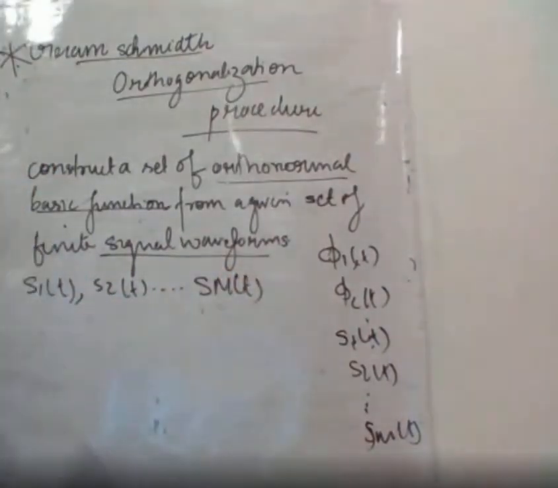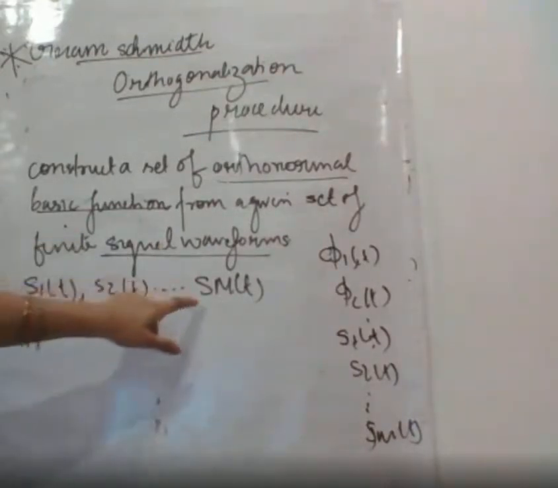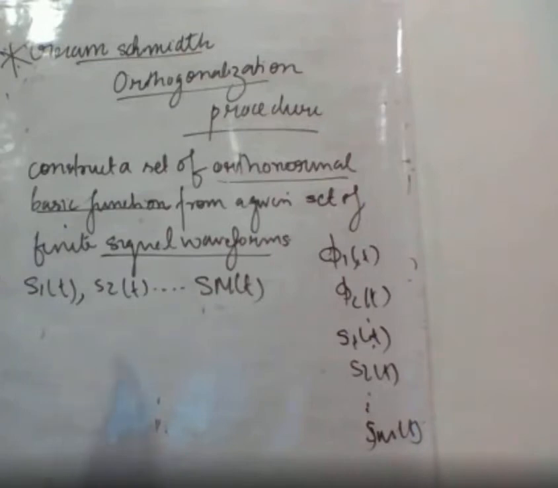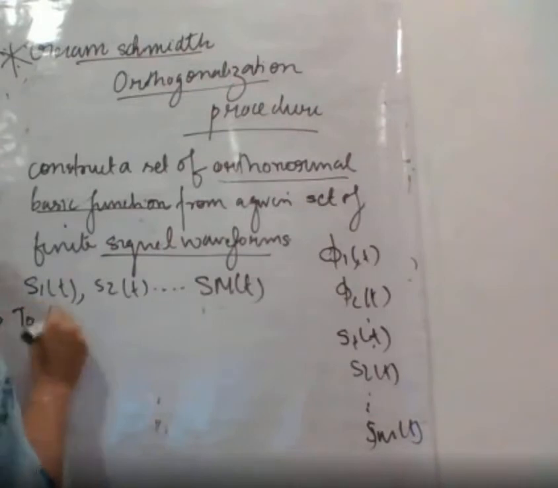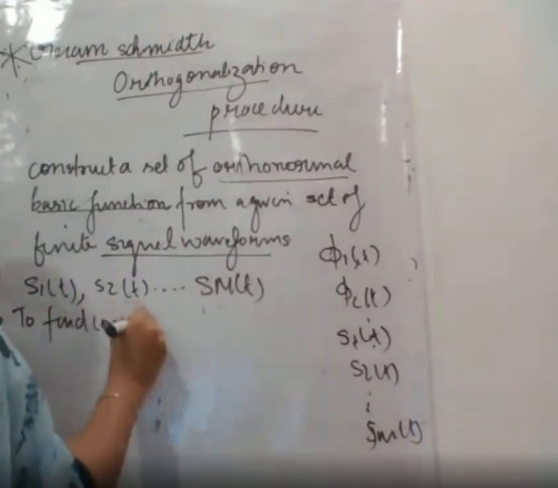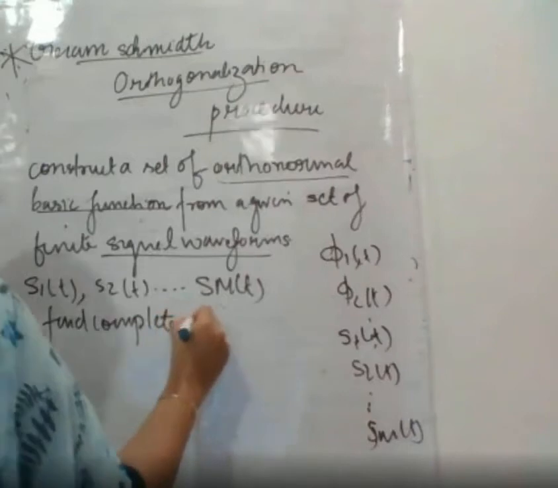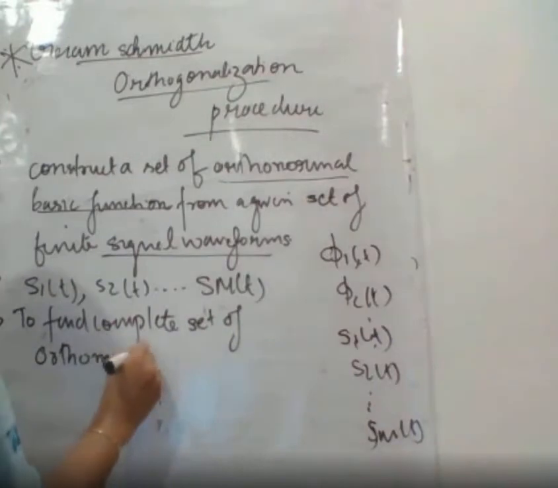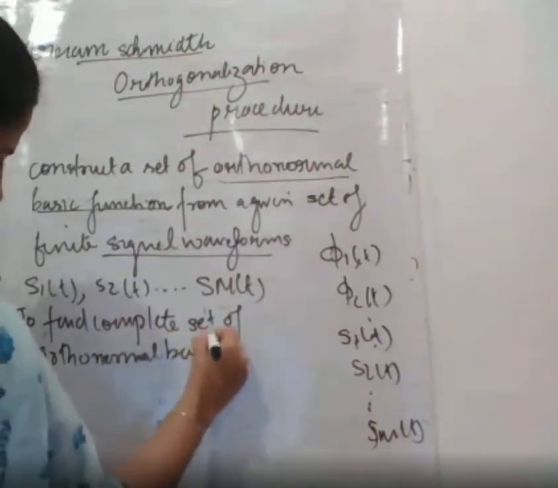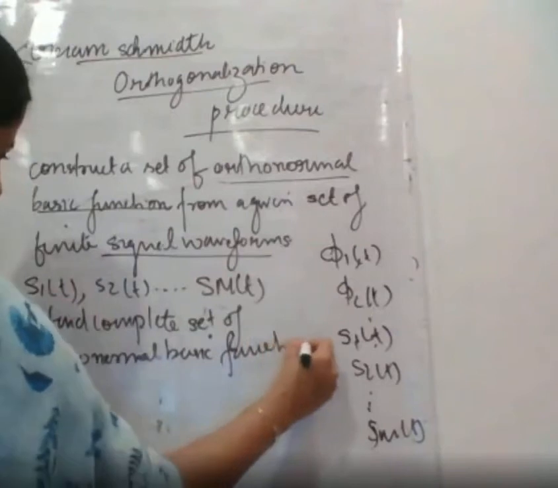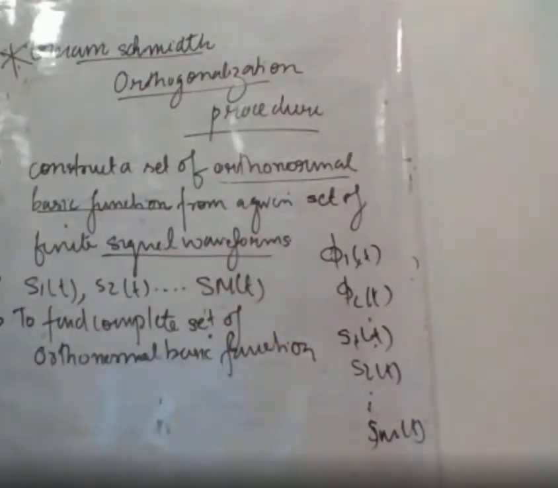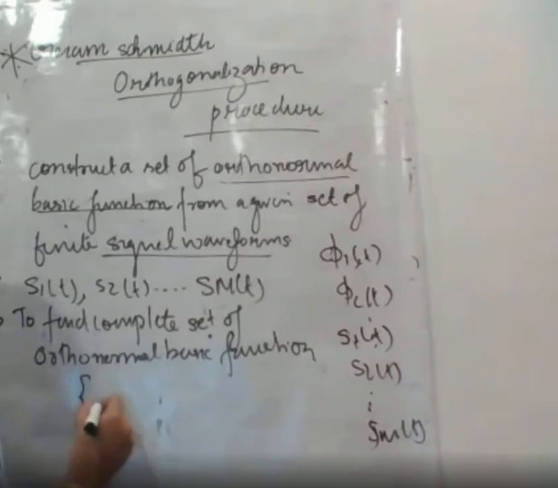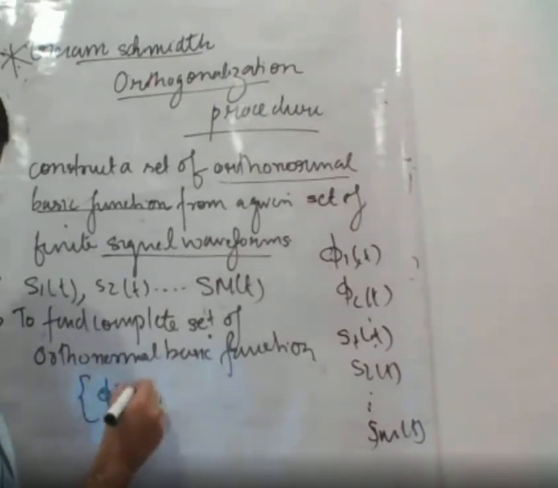This Gram-Schmidt orthogonalization procedure is used to find a complete set of orthonormal basis function, that is phi j of t.